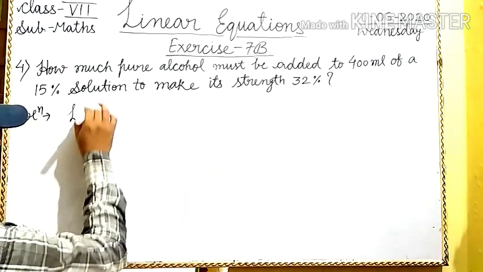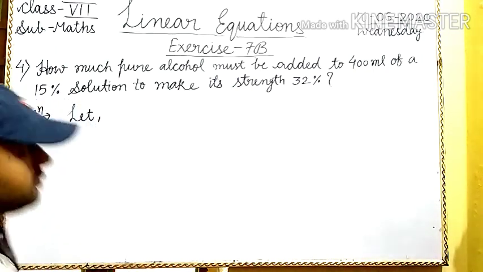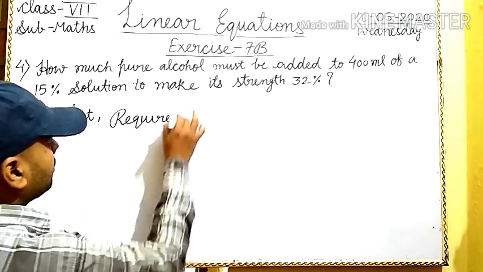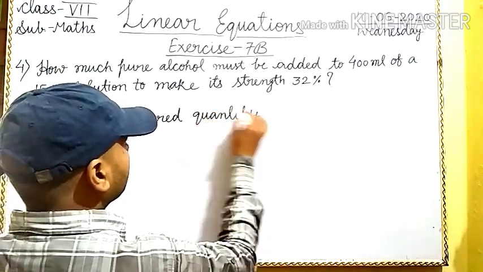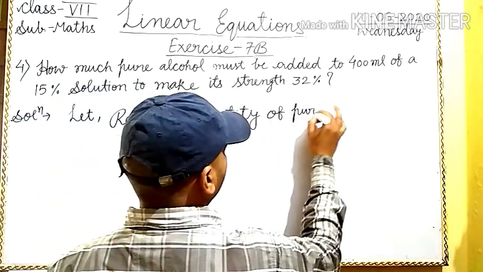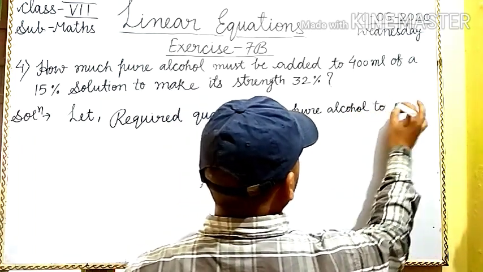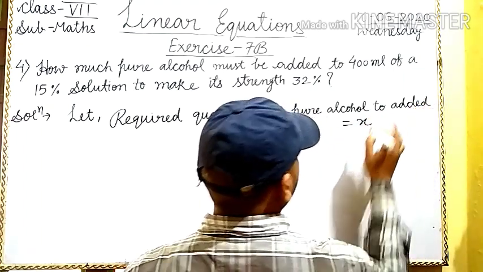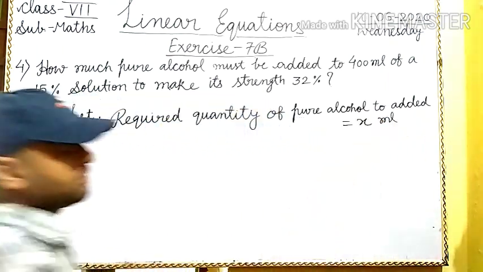So first we let the required quantity of pure alcohol to be added is equal to x milliliters.